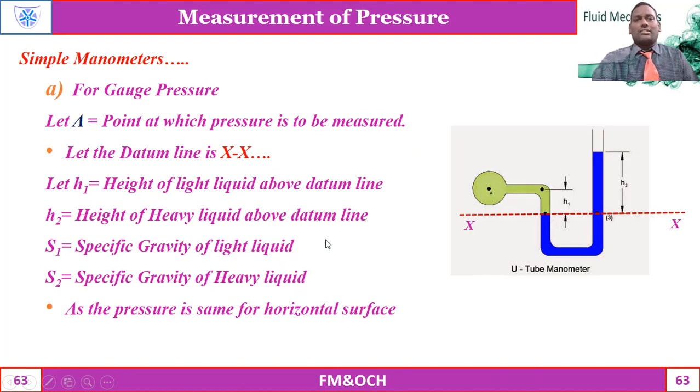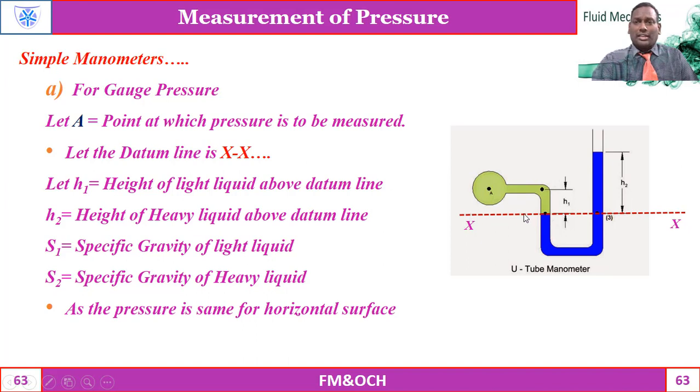For example, how do I measure the gauge pressure with a U-tube manometer? Suppose A is the point at which pressure is to be measured. This is a pipe system. Now consider a datum at the junction of the working liquid and the heavy liquid.